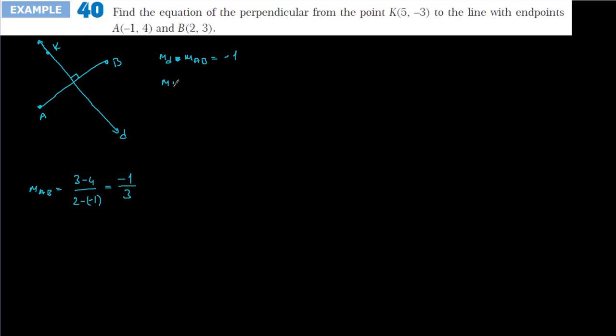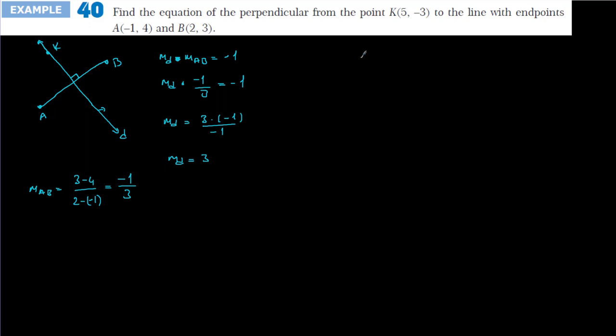So MD times -1 over 3 should be equal to -1. Then this implies that MD is equal to 3 times -1 divided by -1, and MD is equal to 3.